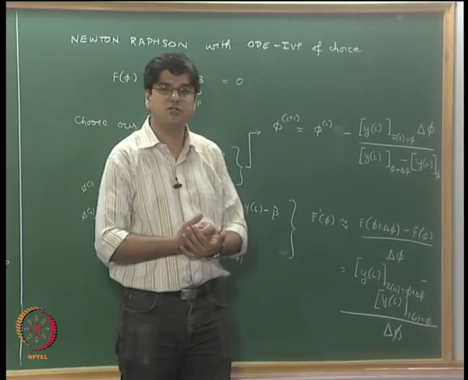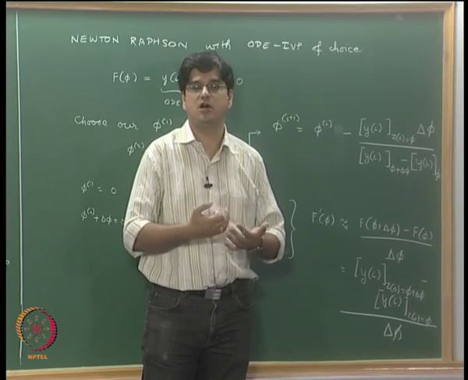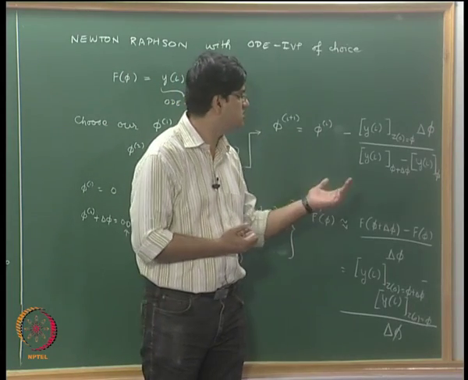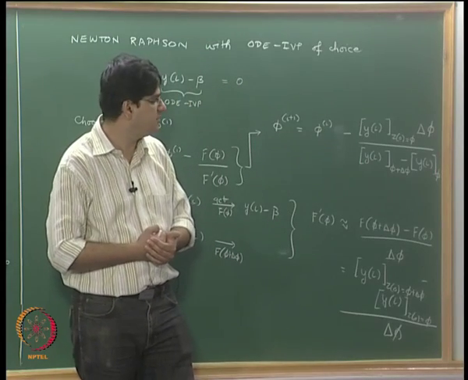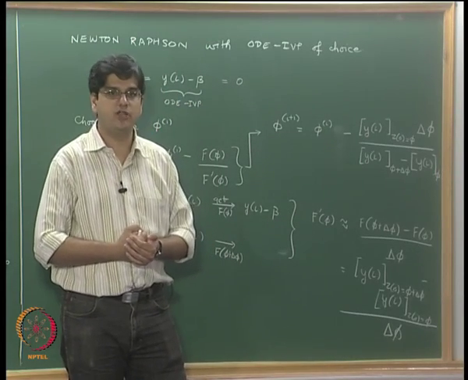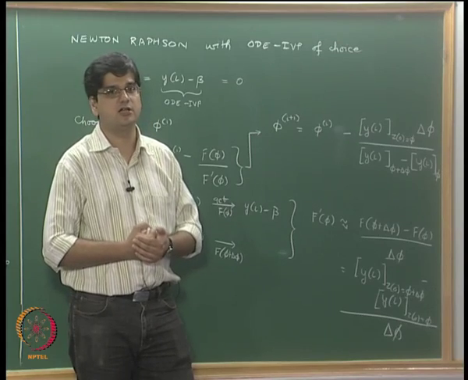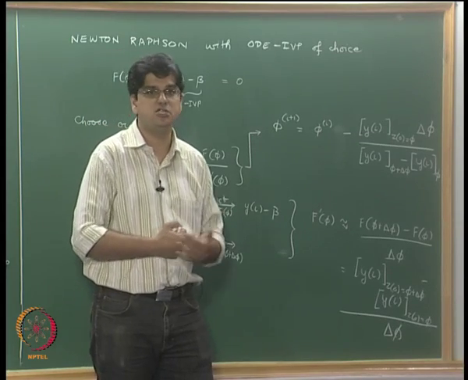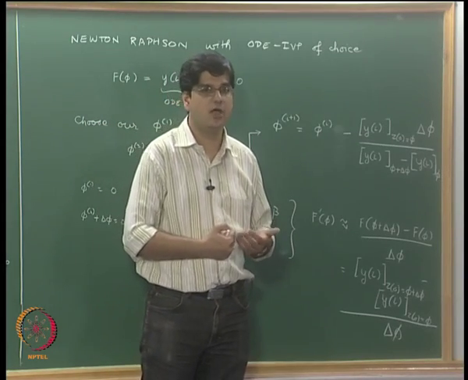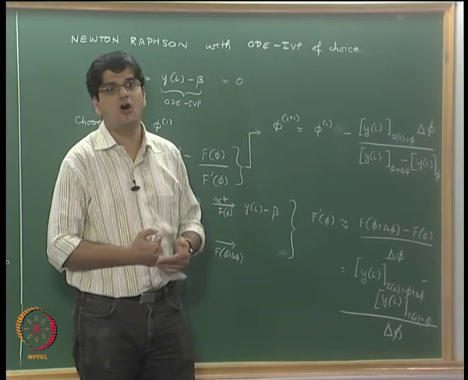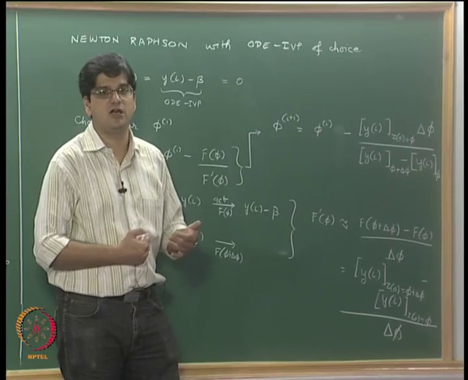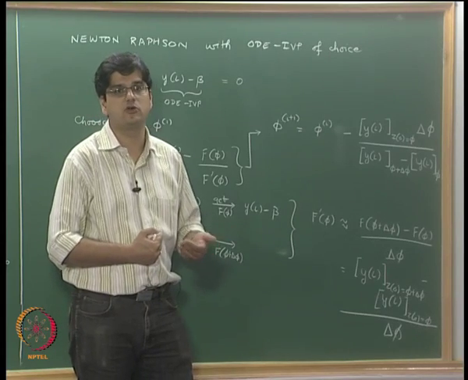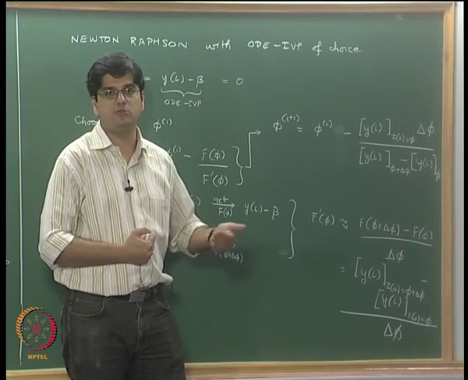Now, while the shooting method in principle is indeed applicable for this system, and we have shown in this particular example its applicability, one of the problems with the shooting method is that the ODE initial value problems that we obtain through this procedure are often going to be unstable. Now, we have seen what instability means when we talked about ODE initial value problems in the previous module.